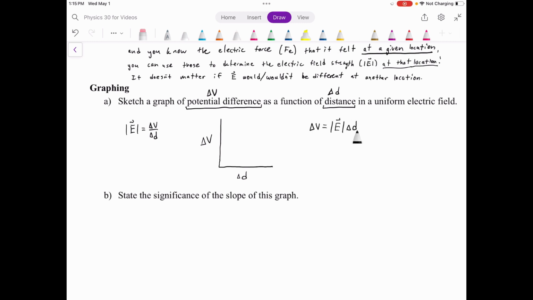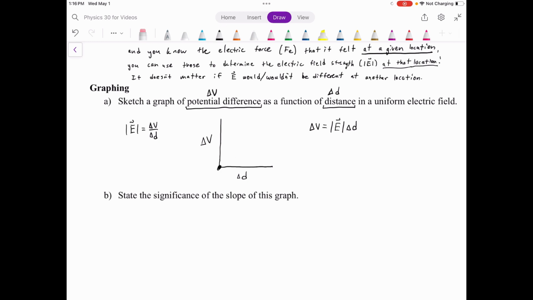And now we can easily see, what happens when x, the distance, is very small or even 0? Well, the equation shows us if this were 0, then this is just "doesn't matter" times 0. So when x is 0, y will also be 0. So our graph starts here at the origin.